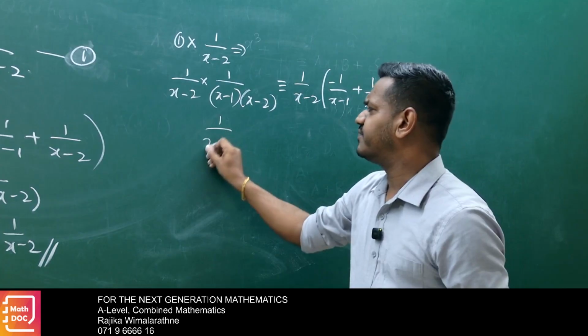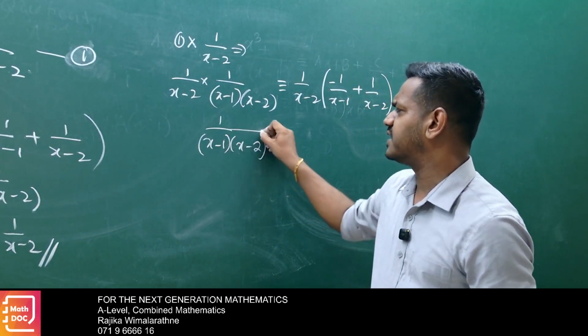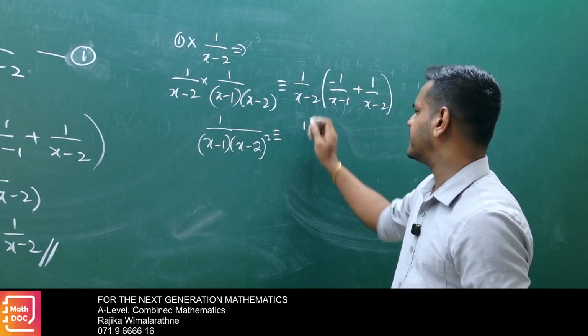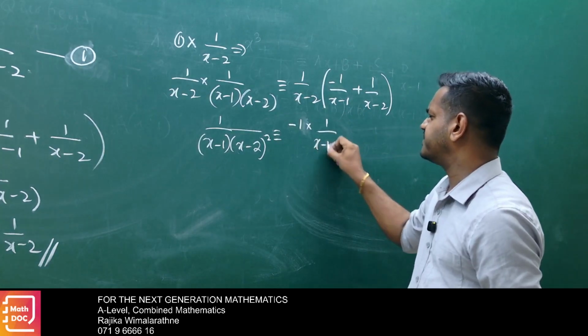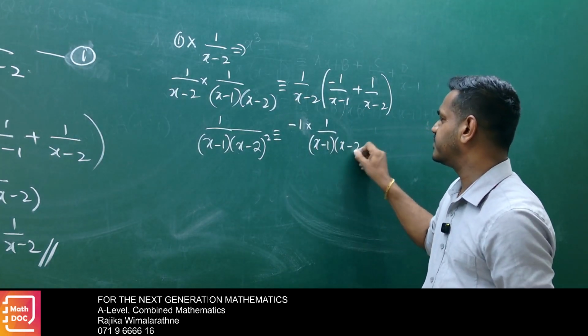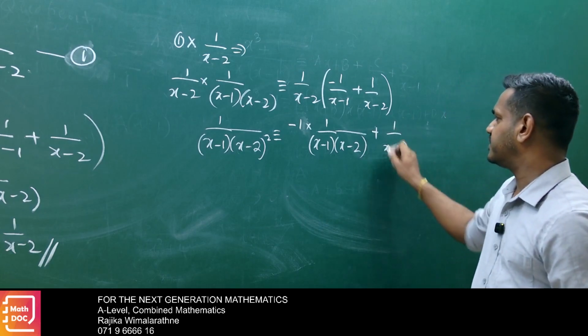Then 1 over x minus 1, x minus 2 squared. Likewise, we can raise the power. Minus 1 over x minus 1, x minus 2 plus 1 over x minus 2 squared.